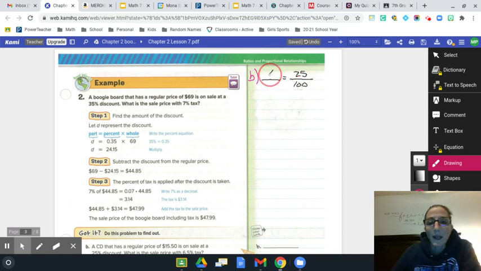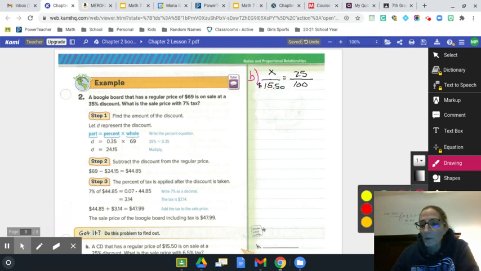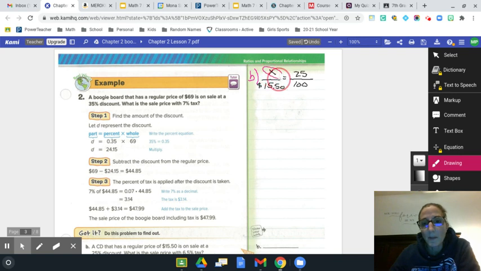And we're going to say how much that discount, X, the part, if the CD is $15.50. So this should look familiar, right? We're going to go through this step here and solve. So cross multiplying.